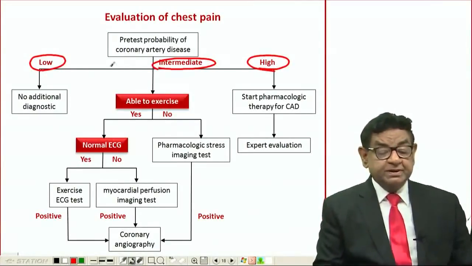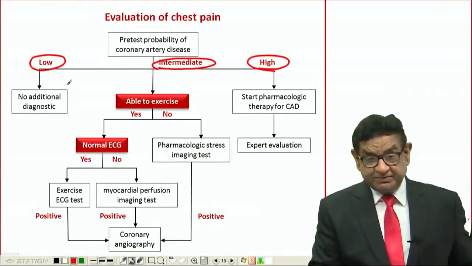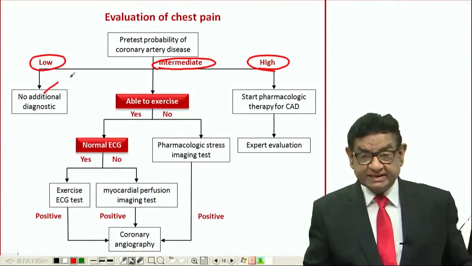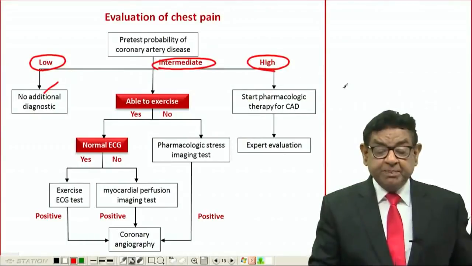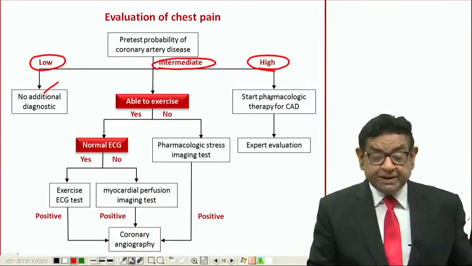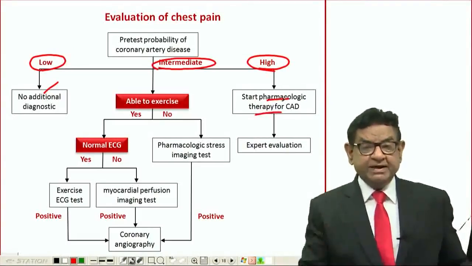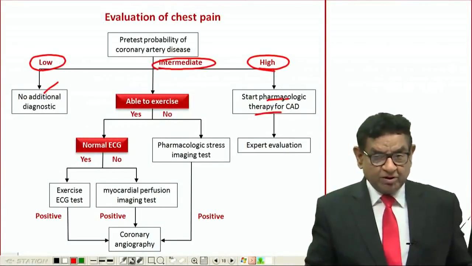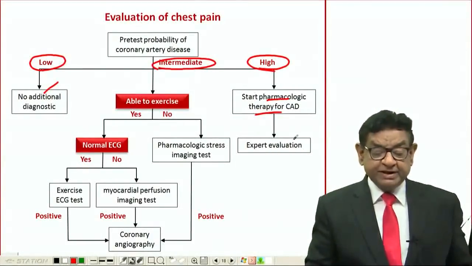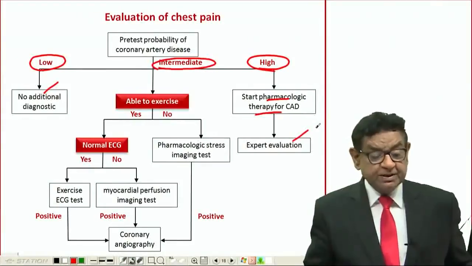A low-probability patient just comes with non-specific chest pain; no further testing is required. For a patient with high risk, we go for therapy. We start therapy immediately: low-dose aspirin or beta blocker, whatever we want, or it may be nitrate. We start immediately and we go for expert evaluation.